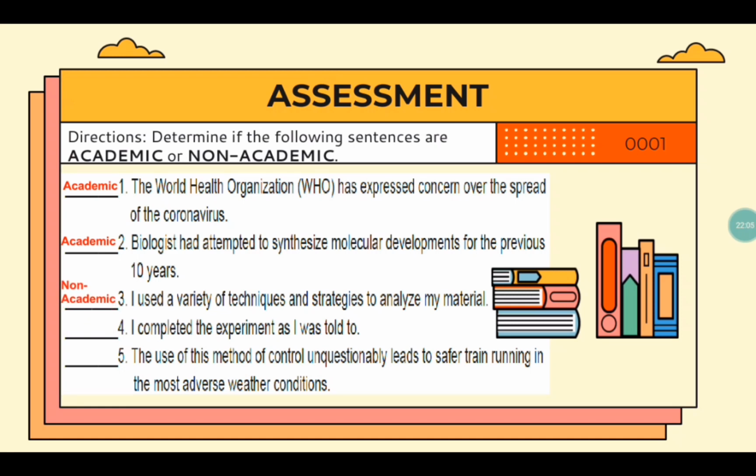Number 4, I completed the experiment as I was told to. This is definitely non-academic. Number 5, the use of this method of control unquestionably leads to safer train running in the most adverse weather conditions. And this is academic.